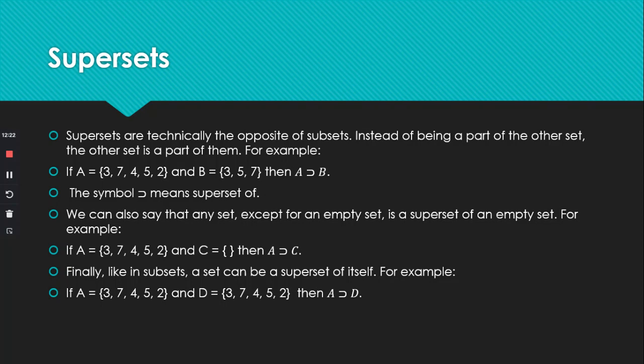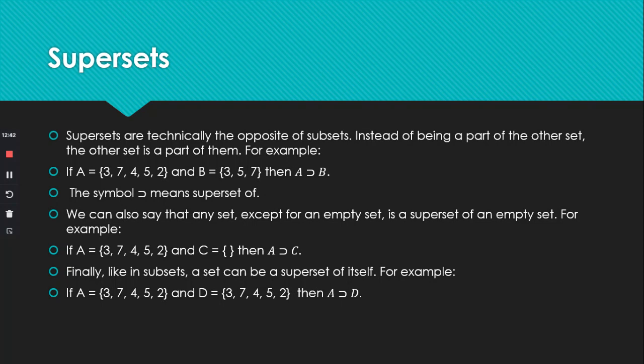So it's the same thing, just backwards. We have B is 357 and A is 37452. We can also say B is a subset of A. So it's basically going backwards now. A has all the elements of B, so A is a superset of B.